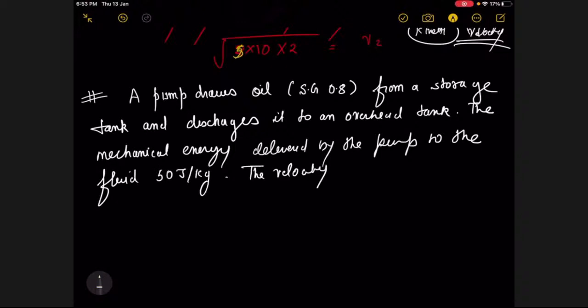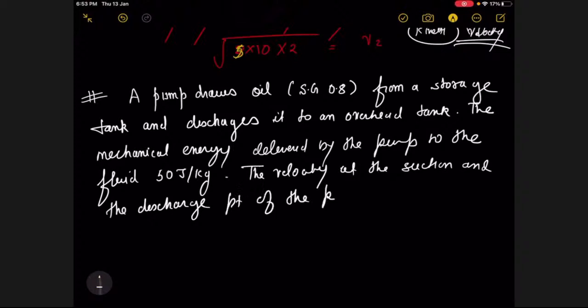The velocity at the suction and the discharge point of the pump are 1 meter per second and 7 meter per second respectively.